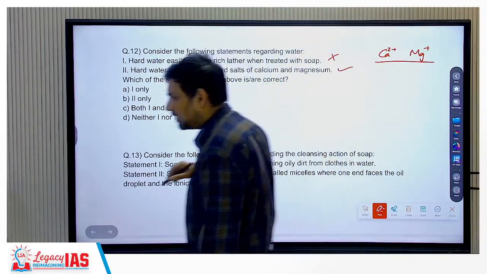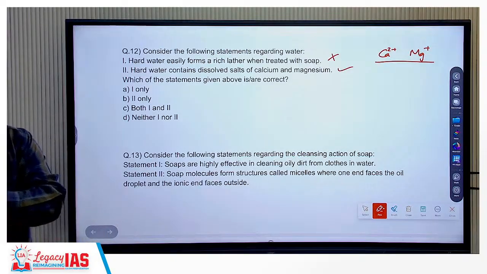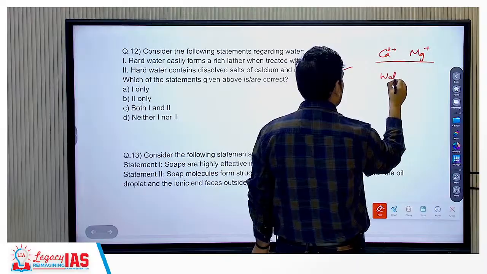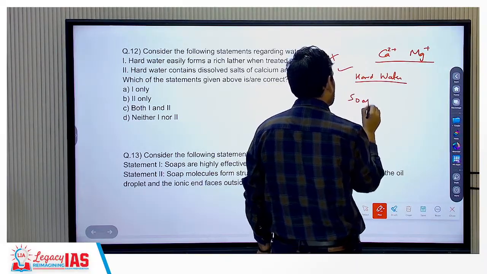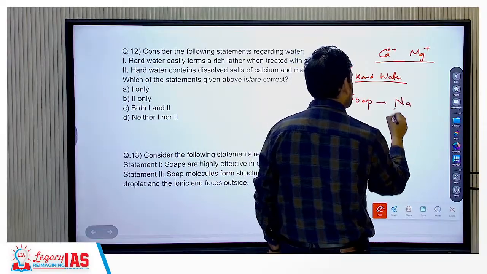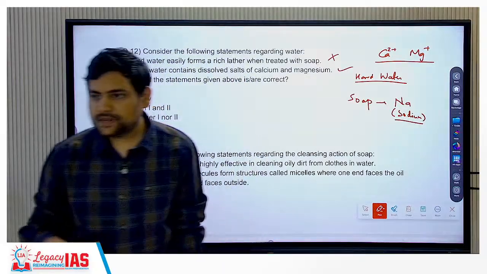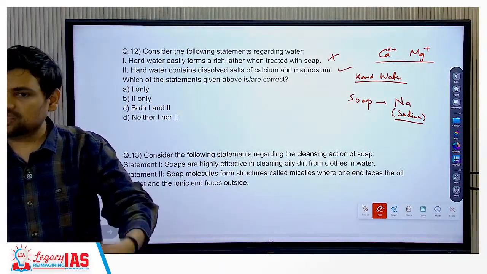Now the thing is, when you are dealing with hard water, what happens? See, there is soap, and soap will always have sodium components. Soap usually dissolves in water.